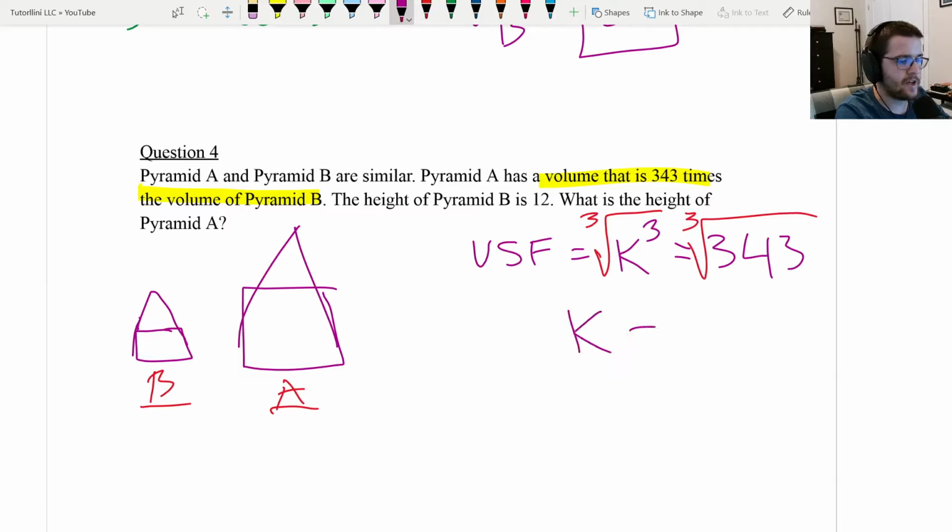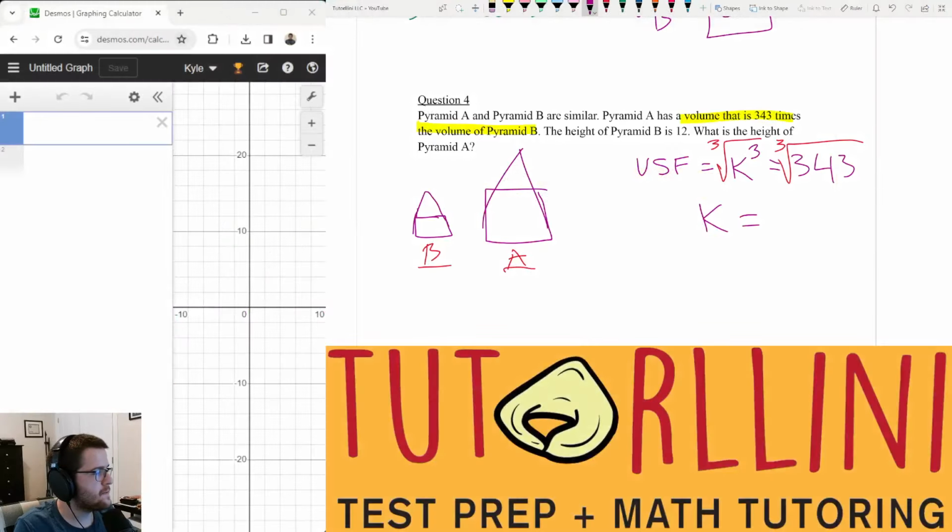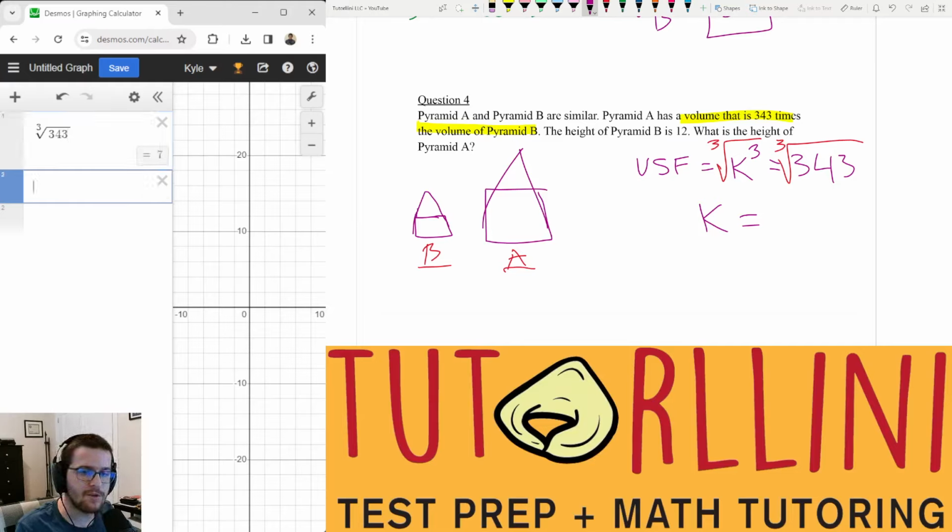And we get K equals, and if you want to do a cube root on Desmos, you can do CBR and then press T, and it will do a cube root. Very convenient if you're using a keyboard. The cube root of 343 is 7. So K is equal to 7. This is asking us about height, which is a linear measurement, so we are indeed going to use the linear scale factor of 7.